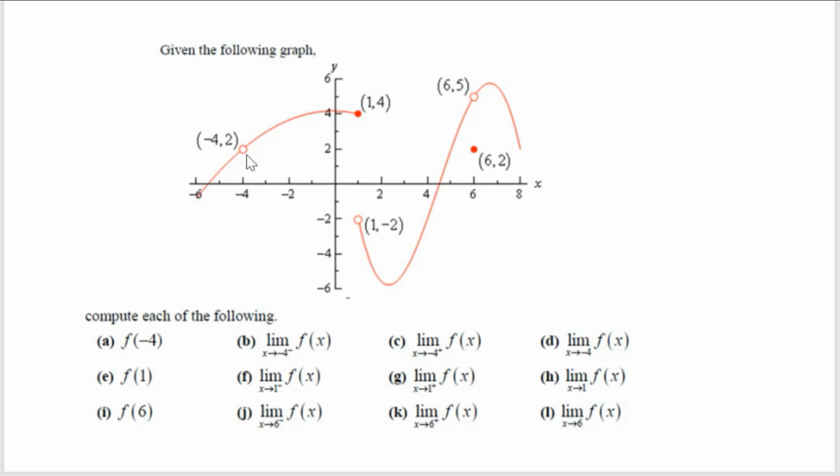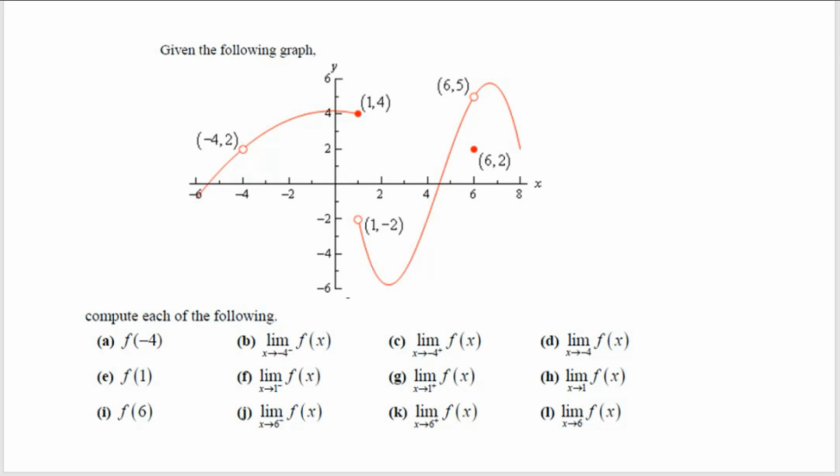Now, for example here, letter B, which is the limit of f of x as x approaches negative 4 from the left. Looking at this, the value is equal to 2, or I could say that the limit of f of x as x approaches negative 4 from the left is equal to 2.